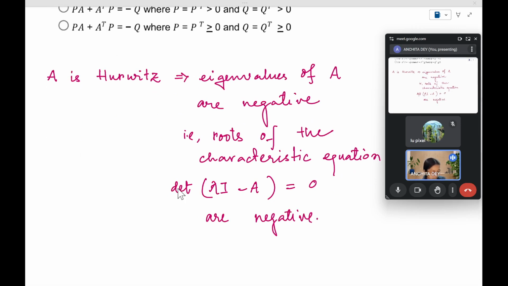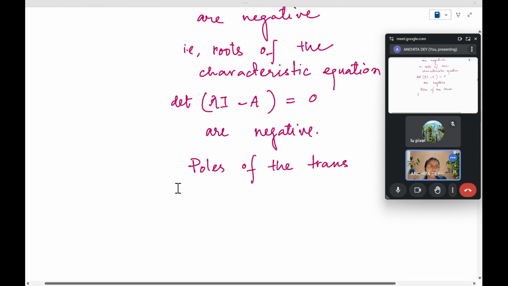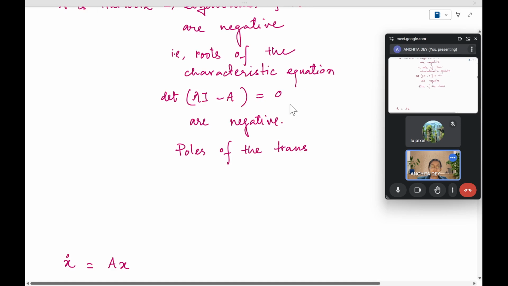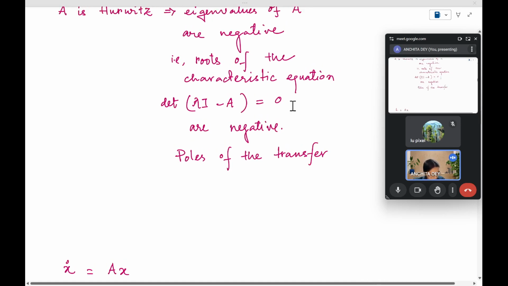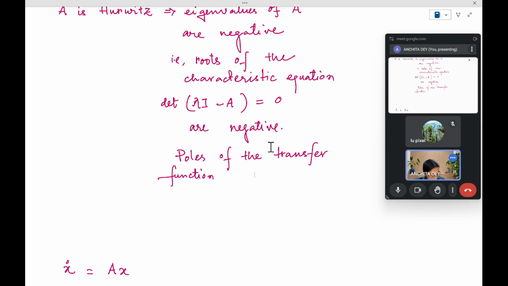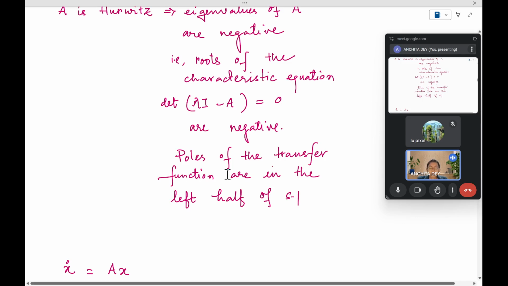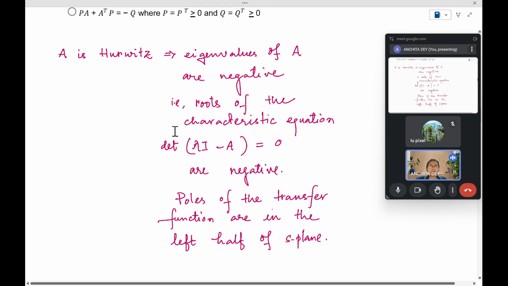Or you can also say that the poles of the transfer function that you can form with the given A matrix would be in the left half of the S plane. Okay, so that's what we mean when we say that A is Hurwitz.